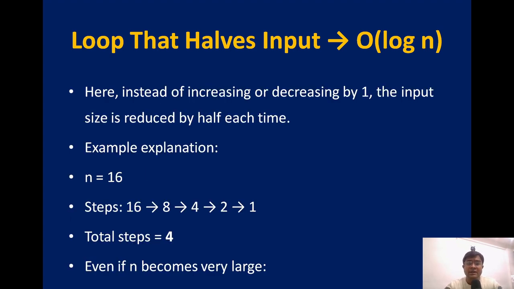So here, instead of increasing or decreasing by 1, the input size is reduced to half each time, because you're dividing by 2. For example, if n equals 16, the steps are 16 divided by 2 gives 8, then 4, then 2, and 2 divided by 2 gives 1. So the total number of steps required here is 4.